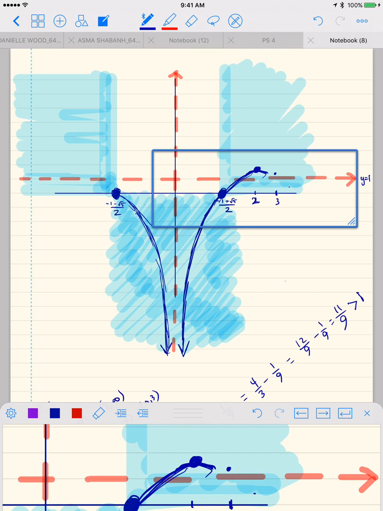So I'm concave down. So I know that this point was 1.25, and now f of 3 is 11 over 9, okay? So we're concave down, and then it starts to be concave up.